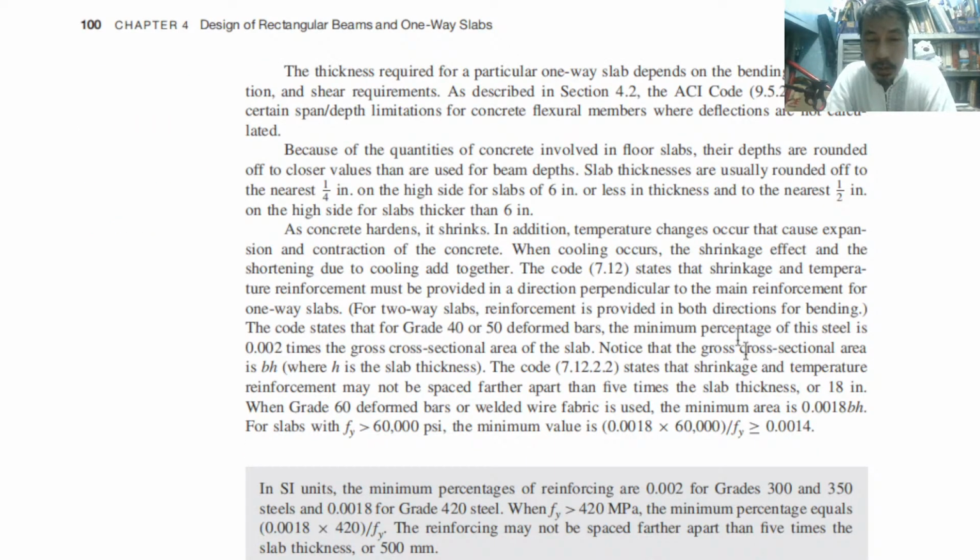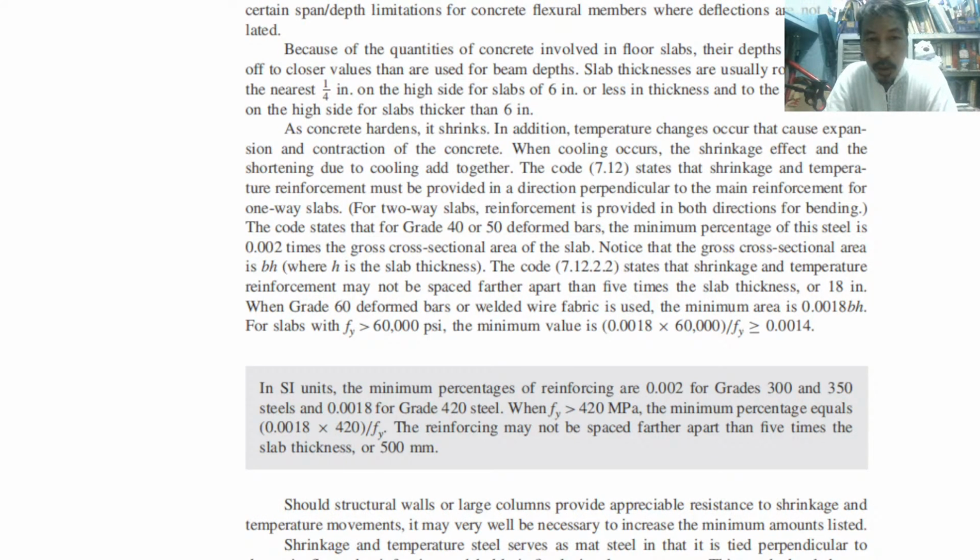So the thickness for a particular one-way slab depends on the bending, deflection, and shear requirement. We have the computation for that, for deflection particularly. Because of quantities involved in the floor slab, the depths are rounded up to closer values than are used for beam depth. In SI units, we are rounding up in 5 mm rather than whole number, because this is a slab.